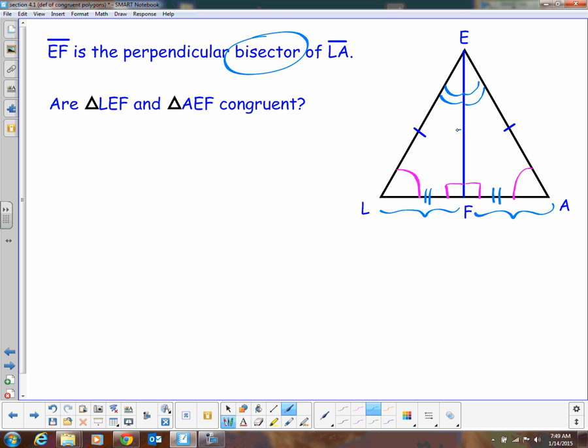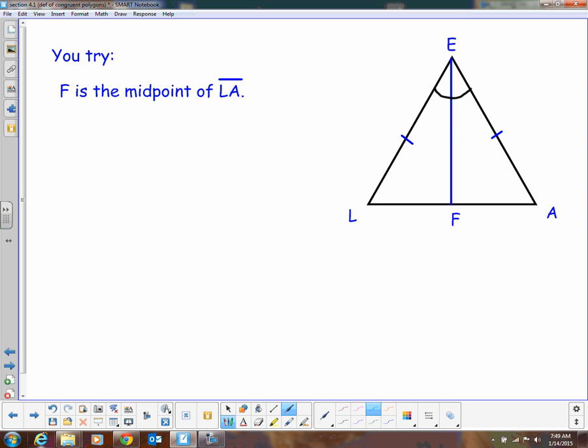Does it make sense that EF from the left triangle is congruent to EF from the right triangle? Because it's the same segment. Now, do I have all three pairs of segments congruent? Do I have all three pairs of angles congruent? So are these triangles congruent? Yes. See the difference a perpendicular bisector makes? All right. That's the conclusion of these notes.